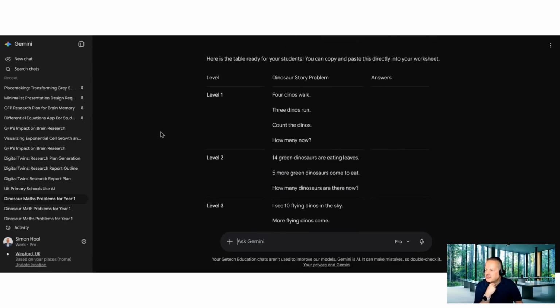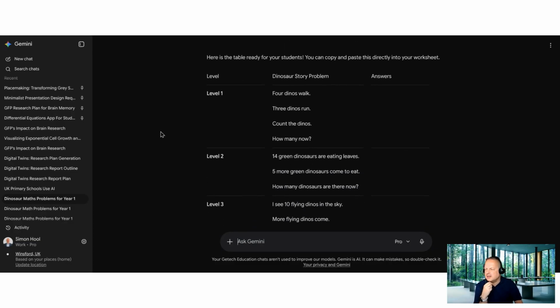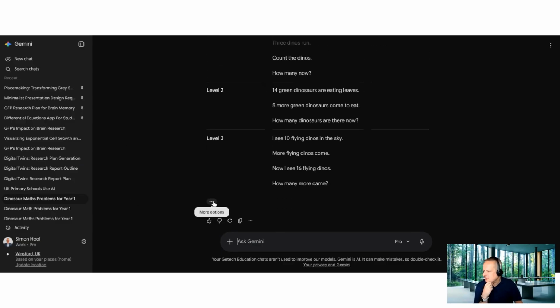So we've now got a nice table that we can copy directly into our worksheet. So we could just easily copy this response here and then paste it into our worksheet, and then we're ready to go with our class. So that was really quick and easy, in a few moments we've got a really nice three-level set problem for our class.